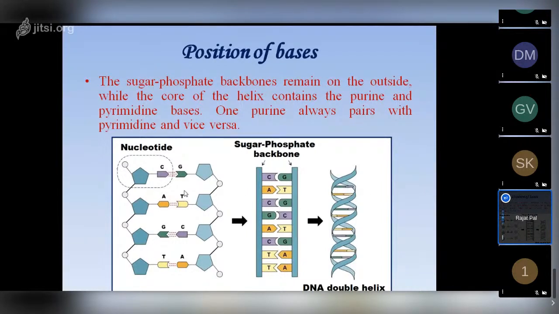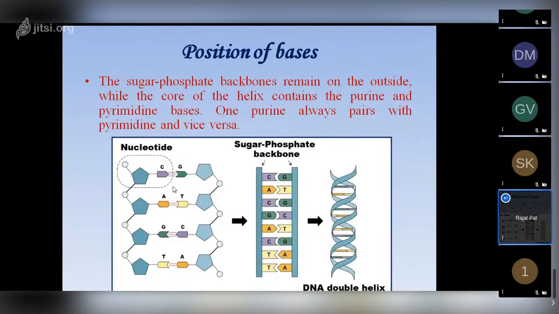Four nitrogenous bases are present: adenosine, thymidine, cytidine, and guanosine. Two are purines and two are pyrimidines. Purines are adenosine and guanosine, and pyrimidines are cytidine and thymidine.